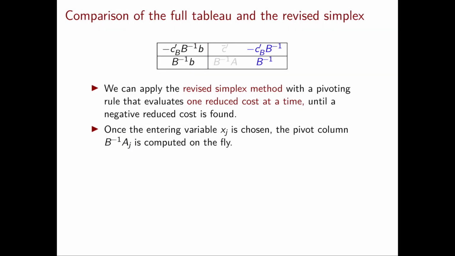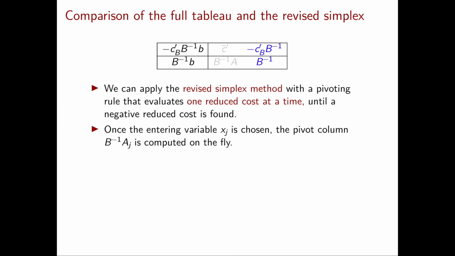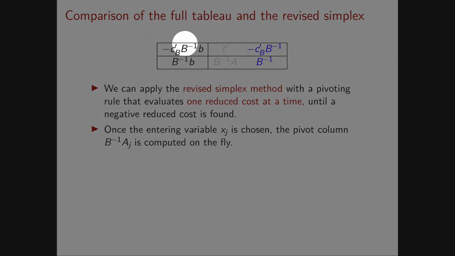Now, when we find a negative one, we need to compute the vector u, which is B inverse A_j, which is, in my extended tableau, the vector just below the negative reduced cost that we have just found. So to recap, the revised simplex essentially at each iteration computes the 0th column, it computes B inverse, then it computes the vector p, and then it starts to compute one by one the entries of c bar prime.